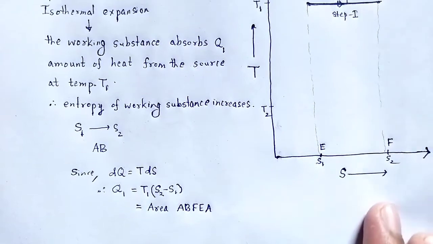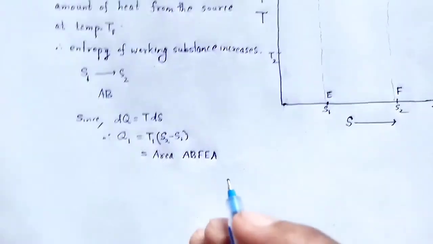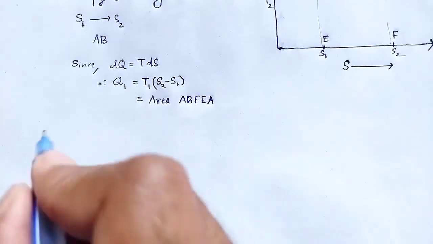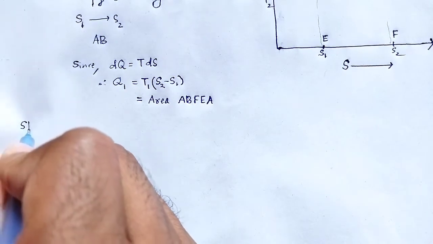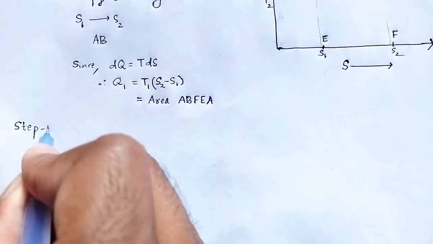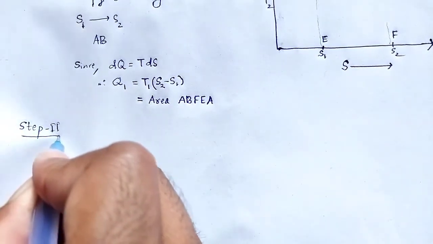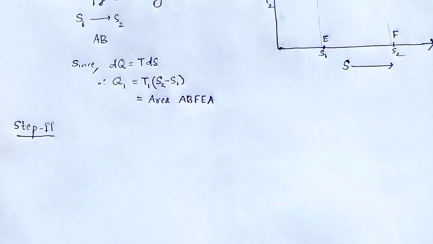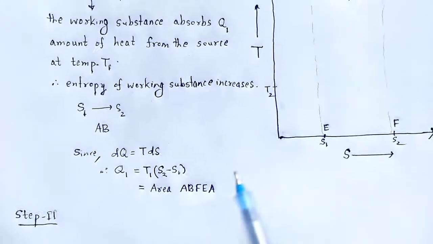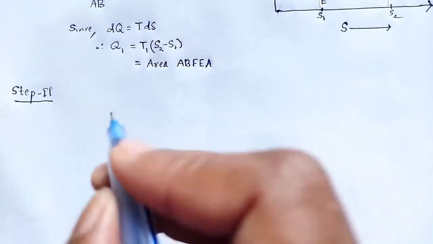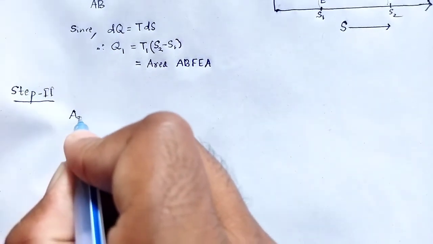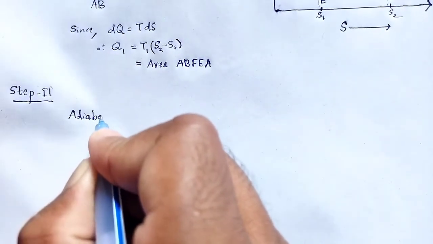Next, step 2. What happened in step 2? Step 2 is adiabatic expansion.